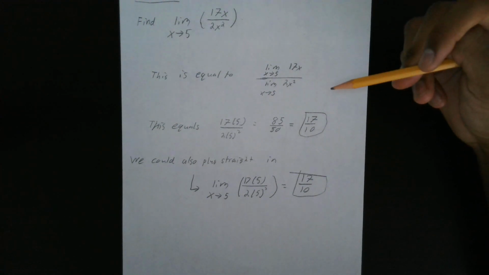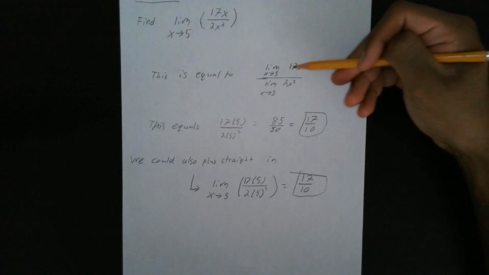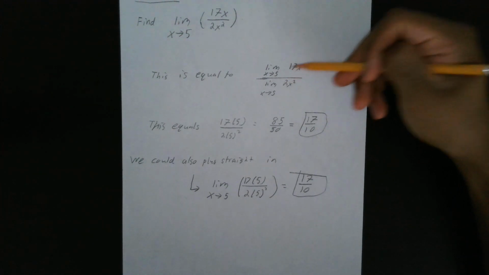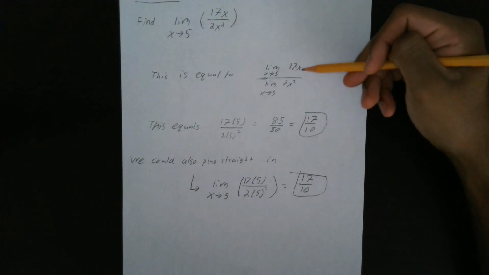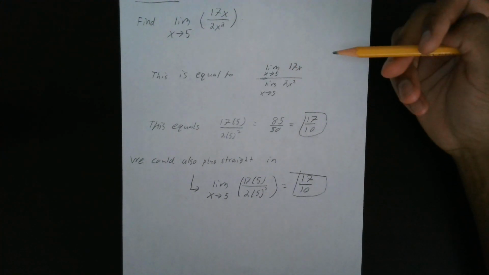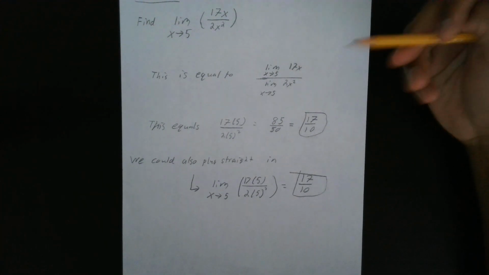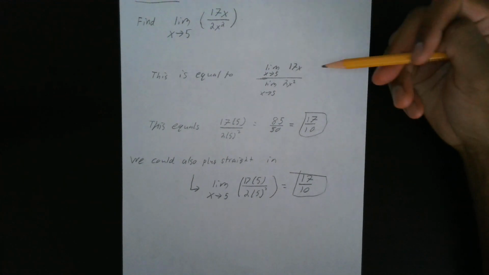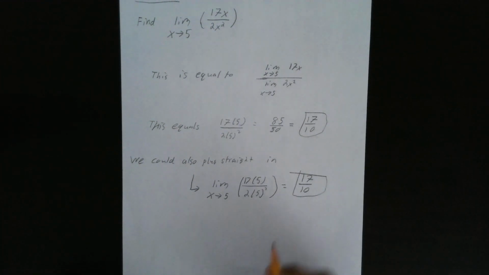The limits won't just go haywire, the function exists, it's continuous there, and at x equals 5, it's defined there. That's just something that you should remember. If nothing strange happens, if it's continuous, just plug in. That's how you can find limits.